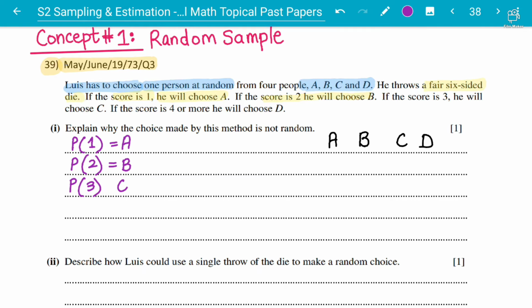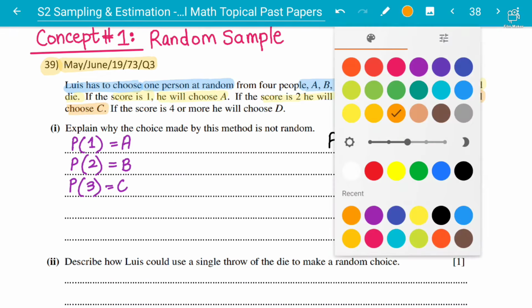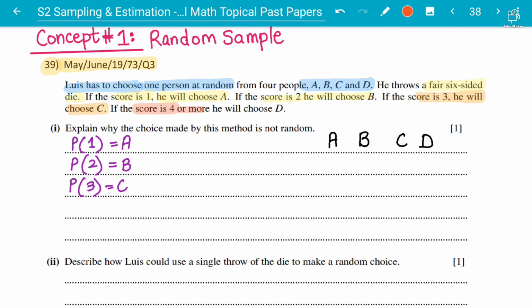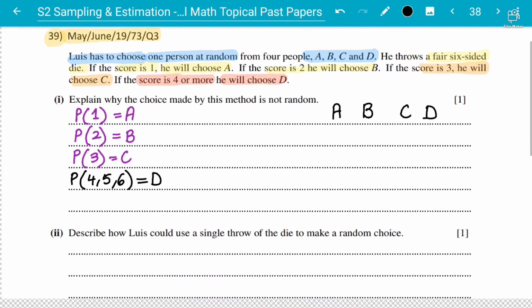Let's read the complete question carefully, because there is an underlying fact here. If the score is 3, he will choose C. And very important, if the score is 4 or more, he will choose D. So if the score is 4 or 5 or 6, he will choose the person D. So that is the question here.